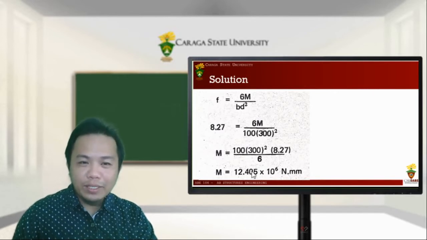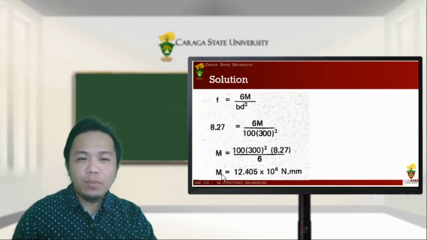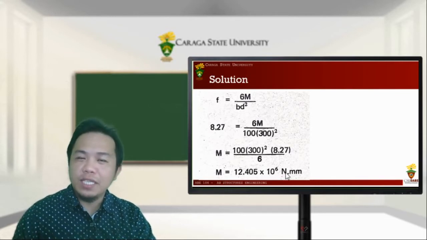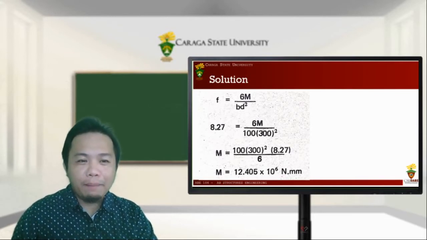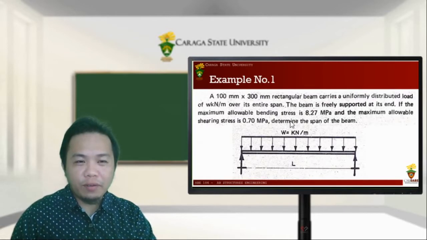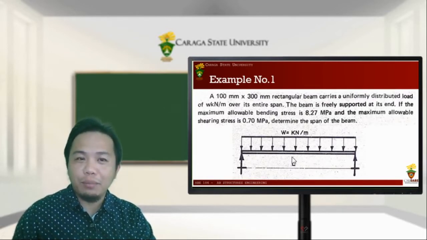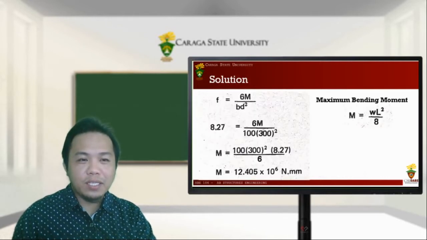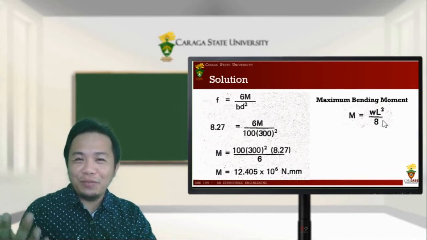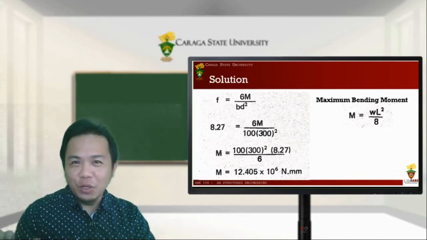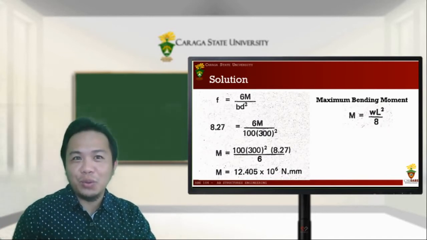By simple manipulation, we can find that M is equal to 12.405 times 10 to the power of 6 Newton mm. If you draw the shear and moment diagram for this beam, you can find that the maximum bending moment is WL squared over 8. If you don't believe it, you can solve that to verify.